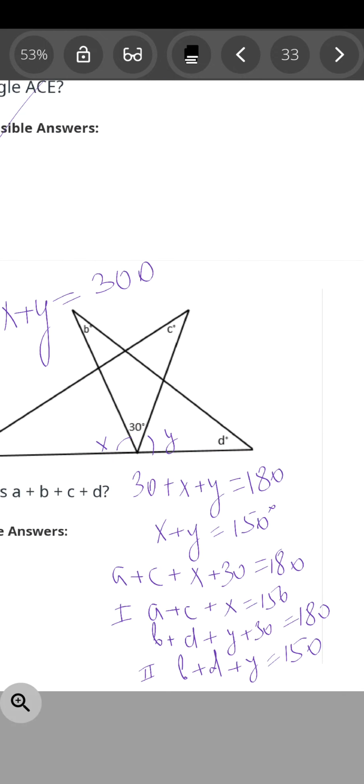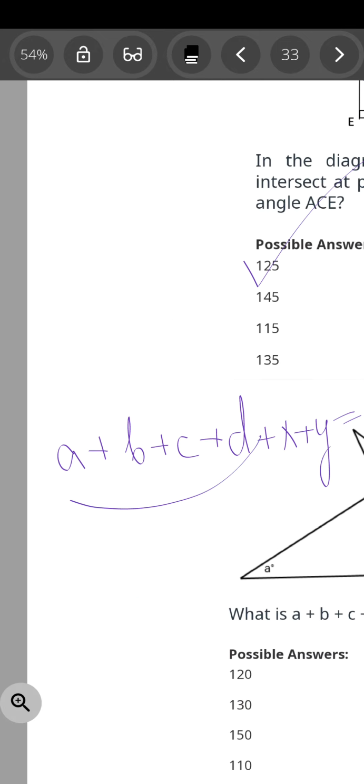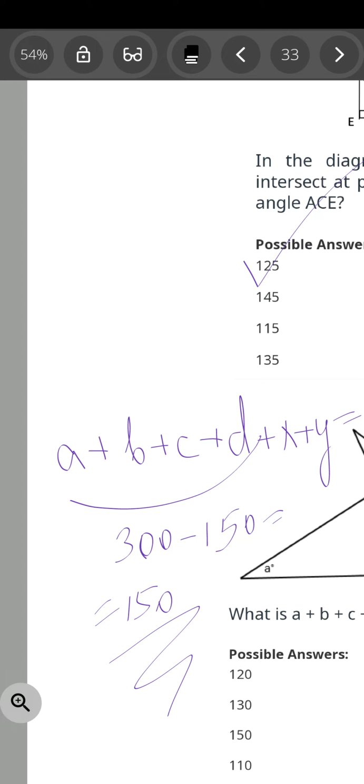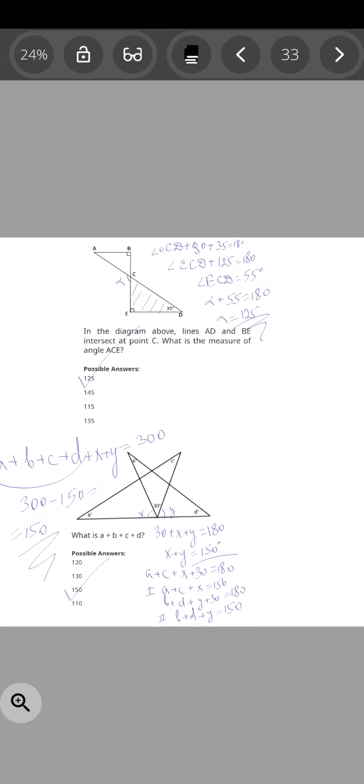And we know that the sum of the angles x and y is equal to 150. So we can write that the sum of the angles a plus b plus c plus d is equal to 300 minus 150, that is equal to 150 degrees. So our answer will be 150. Let's continue to our next question.